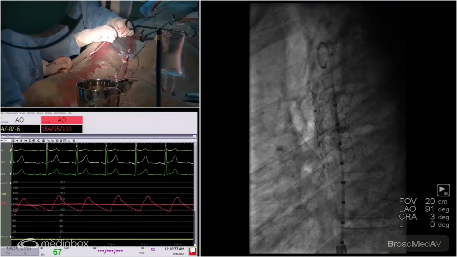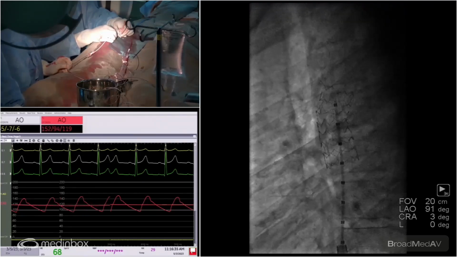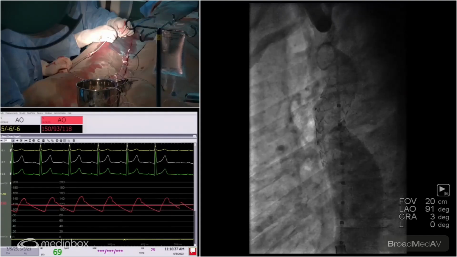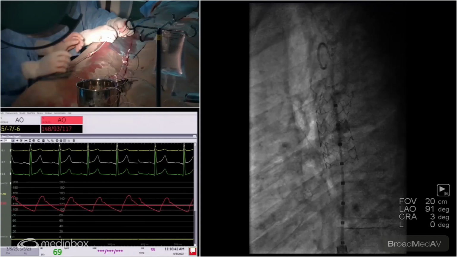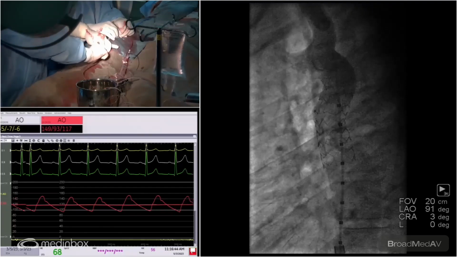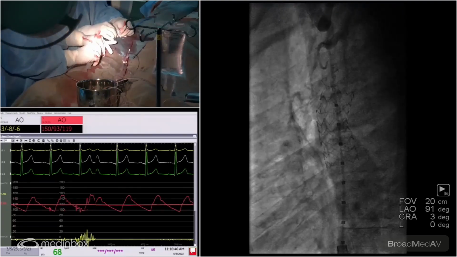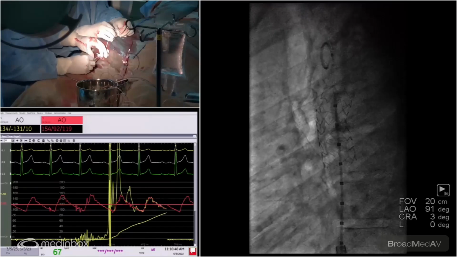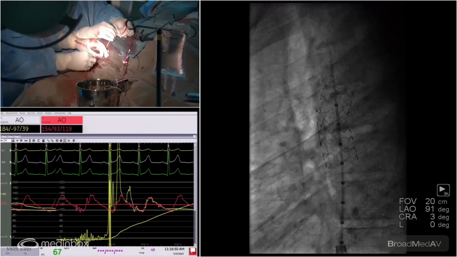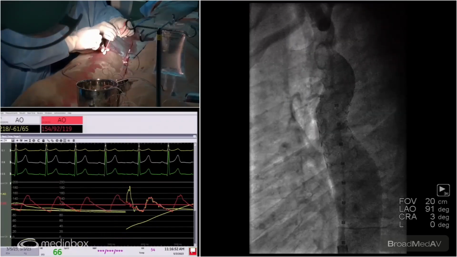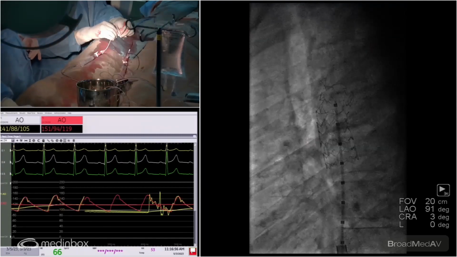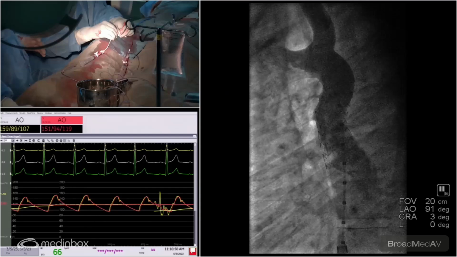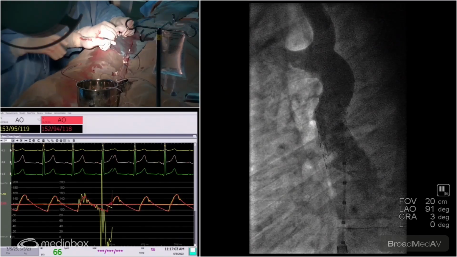However, there is no aortic wall injury. So it looks fine now. And already we have demonstrated that the gradients are totally eliminated. Let's recheck it once again post angiography. Yeah. So the pressure gradients are completely equal. There is no gradient at all.